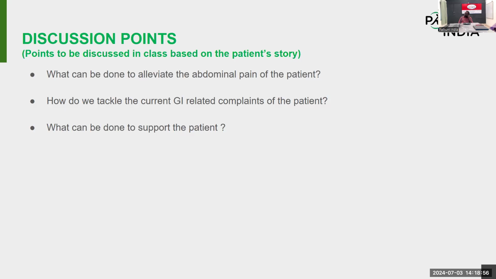So the intestinal obstruction can be of two types. One is mechanical obstruction, and the other one is functional obstruction. So in case of mechanical obstruction, what happens? There is a mass in the intestine which obstructs the fecal matter which comes down.